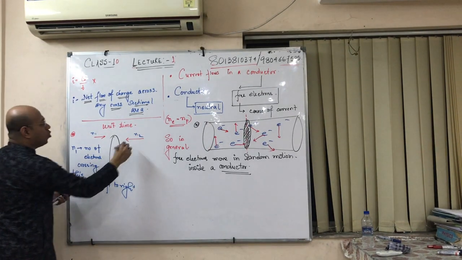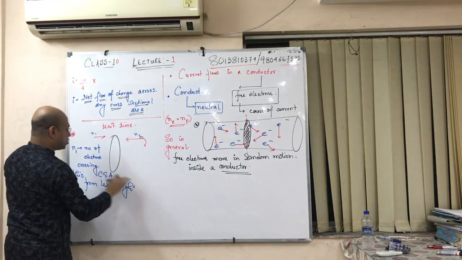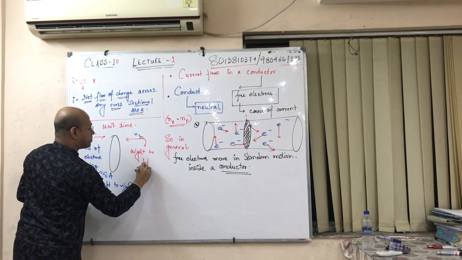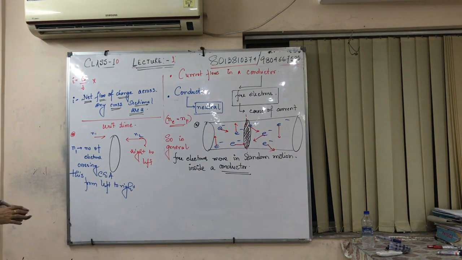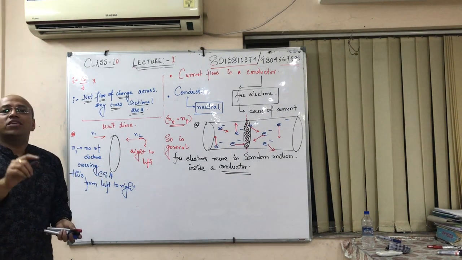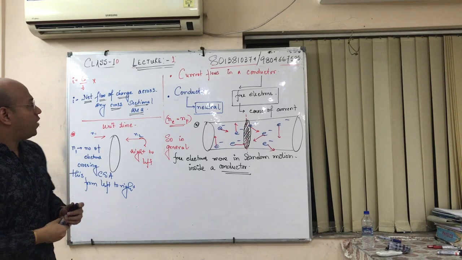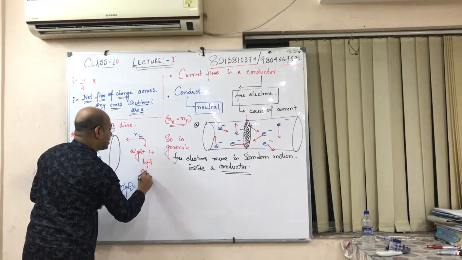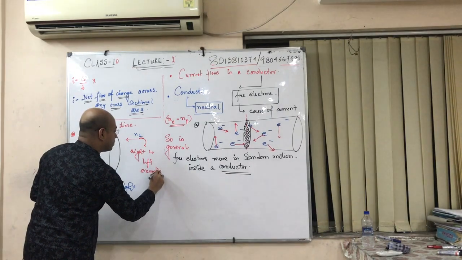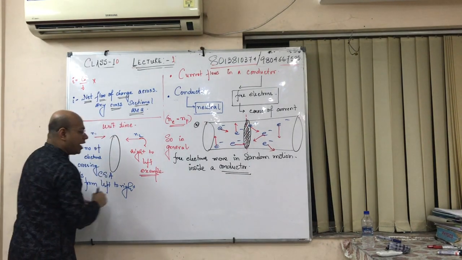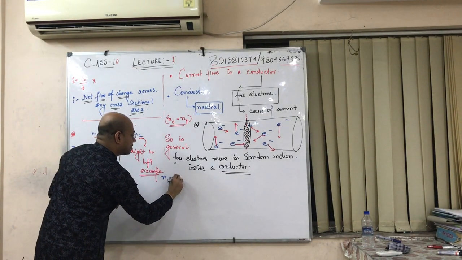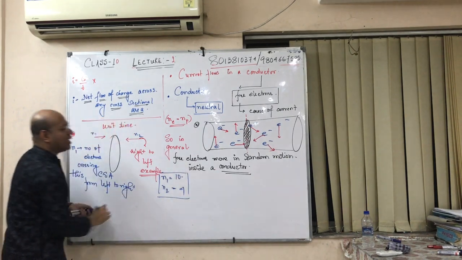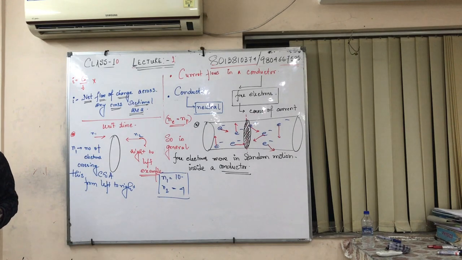And N2 is the number of electrons crossing from right to left. Now we have to check which is of the greater value. Let's begin with an example. Say N1 is 10 and N2 is 4.